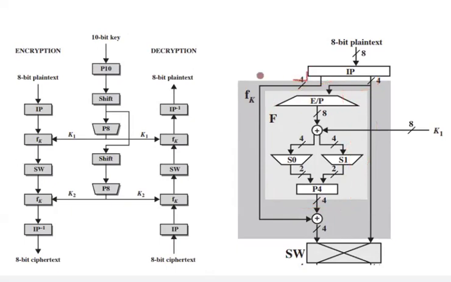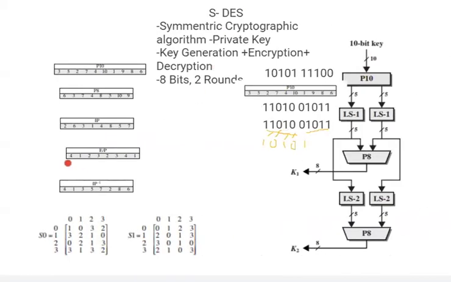The left nibble is kept unoperated. First, this right 4 bits we give as input to the expanded permutation. In the expanded permutation, 4 bits get expanded to 8 bits. Which 4 bits are repeated is defined in the expanded permutation. This is given.